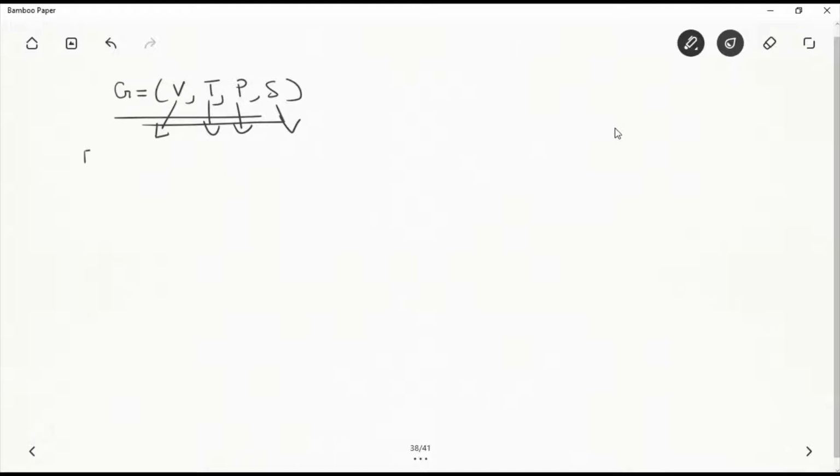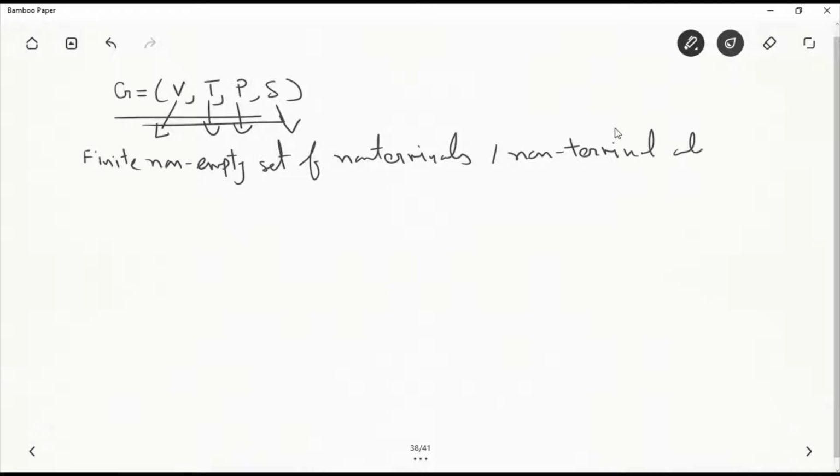V stands for variable, that is finite non-empty set of non-terminals, also called non-terminal alphabet.